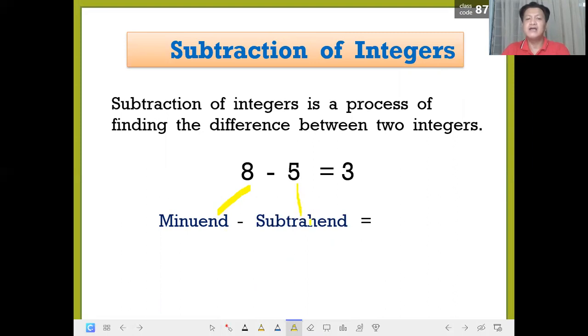Ito naman yung number kung saan ibinabawas po natin doon sa minuend natin. And ano yung magiging sagot natin kapag sinubtract natin 8 minus 5 is 3? We call this the difference. And difference is the answer for the subtraction. Pag sinabing difference, subtraction, or find the difference, subtraction yan.